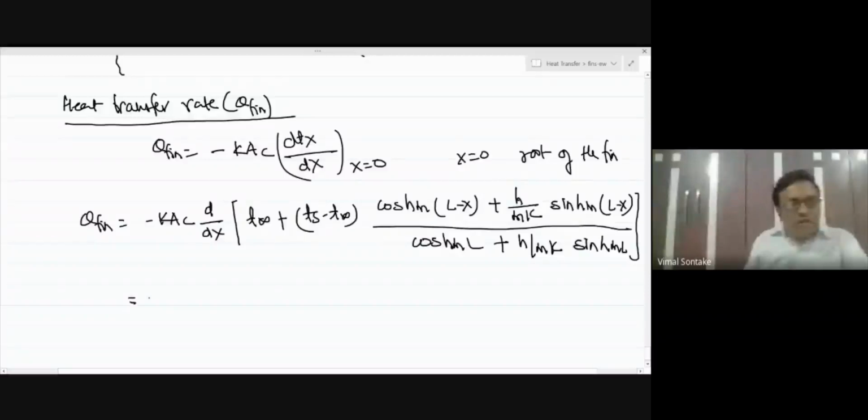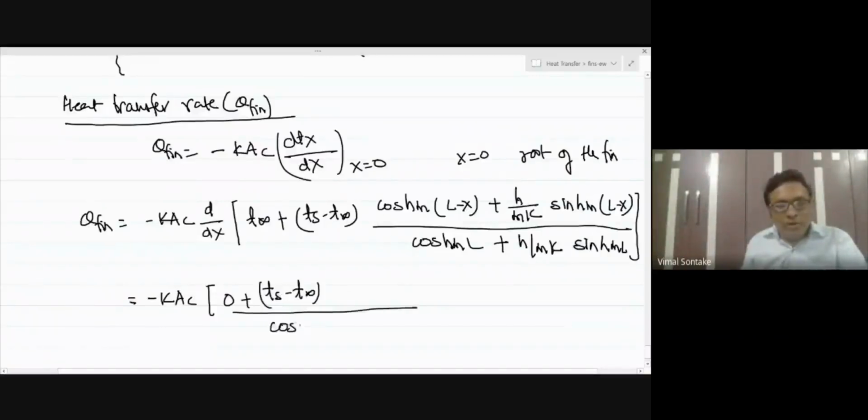Let me directly write this value: minus kAc. After differentiation, the first term will become 0, and the denominator will remain as it is because it contains no x, so cos hyperbolic mL plus h over mk sine hyperbolic mL. Differentiation of cos hyperbolic m(L minus x) will become sine hyperbolic m(L minus x).